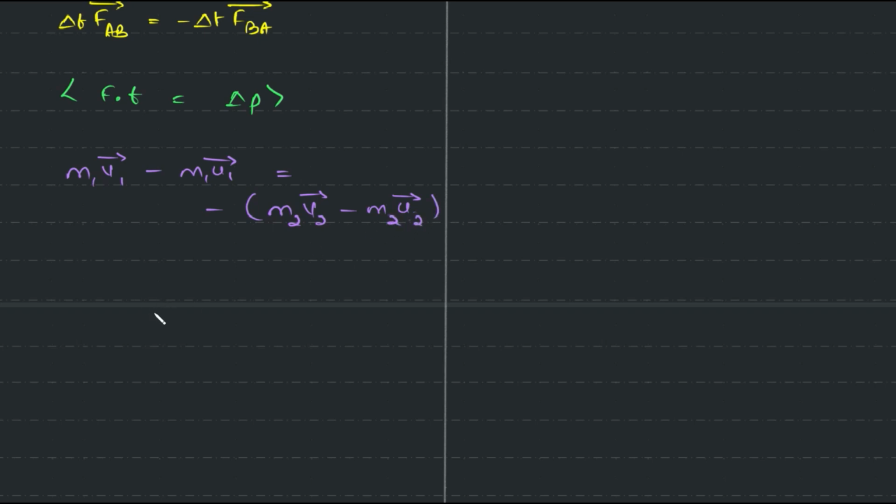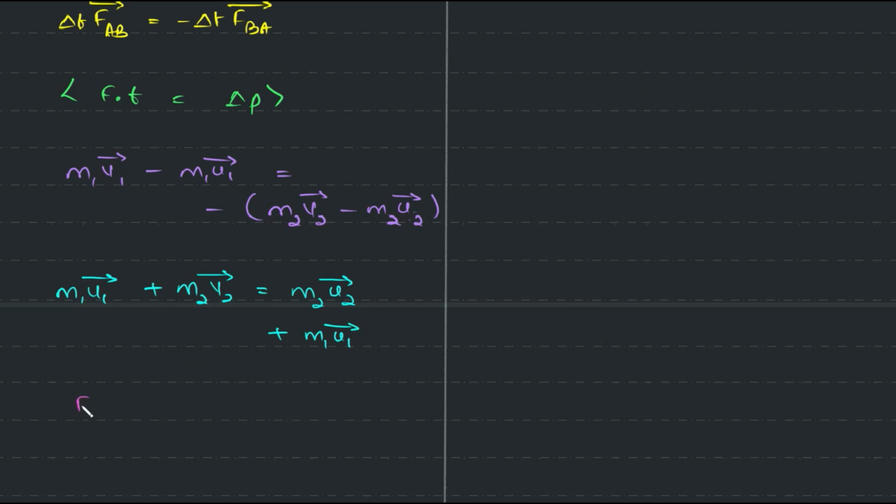So this is the picture. A bit of rearrangement and we have m1 v1, and if this goes to the right hand side, m2 v2, negative of negative is positive, m2 u2 plus m1 u1. So what is this?